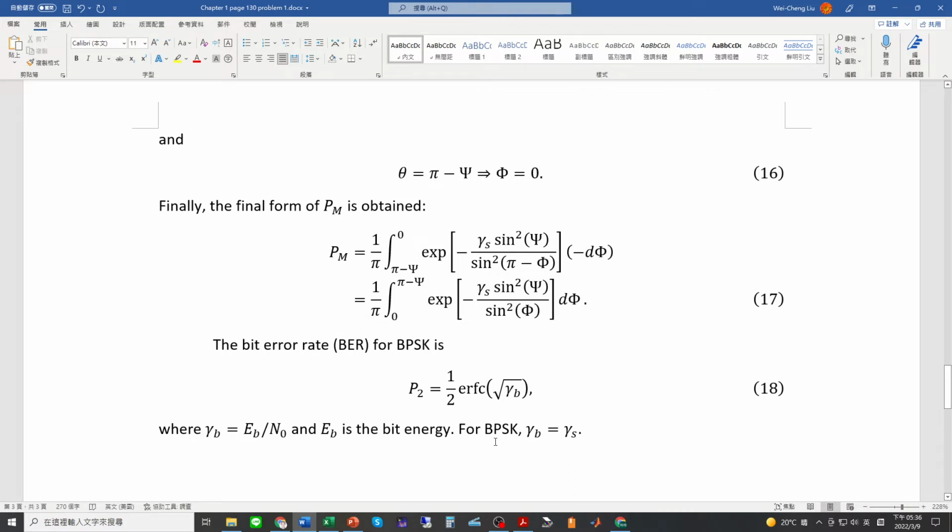For BPSK, gamma B is equal to gamma S, because for BPSK, each symbol only conveys one bit.